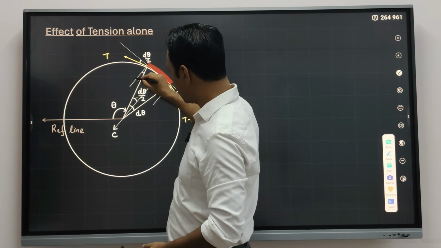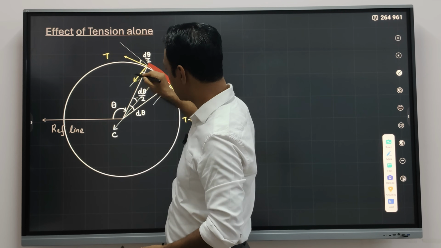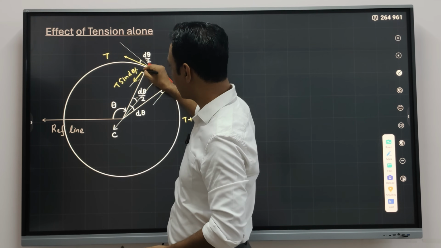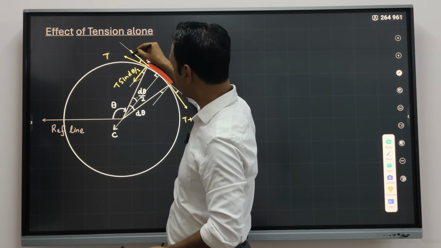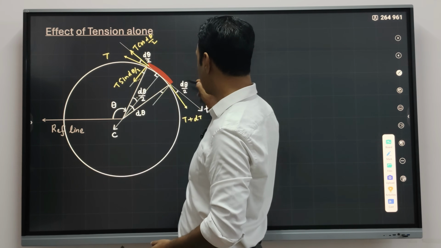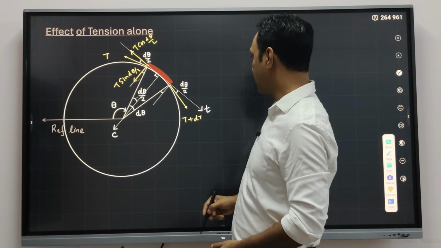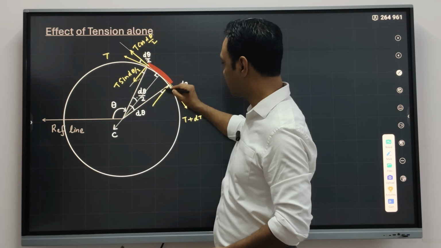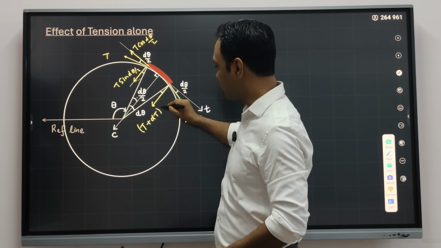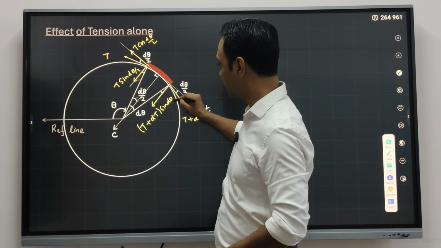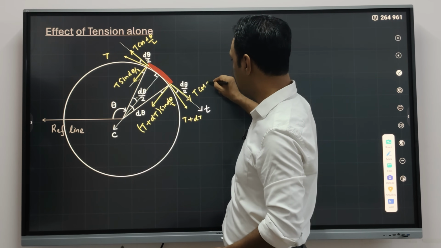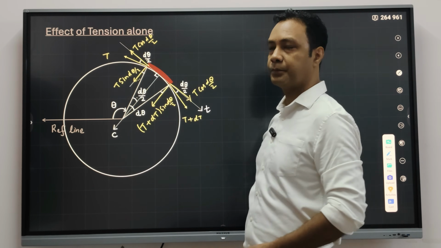So I can simply write the components. This would be T sine d theta by 2, and this would be T cos d theta by 2. And similarly here, the elements would be T plus dT sine d theta by 2, and this part would be T cos d theta by 2.